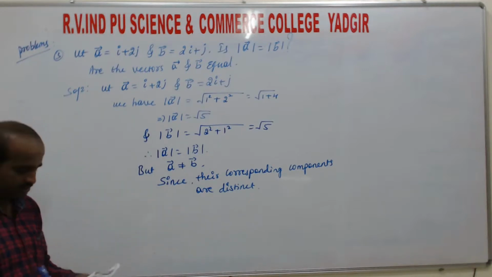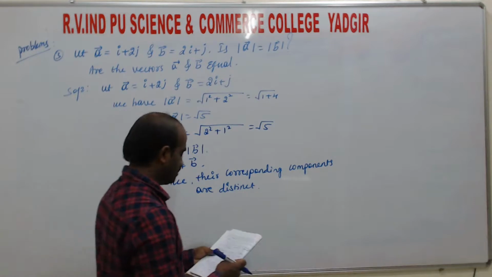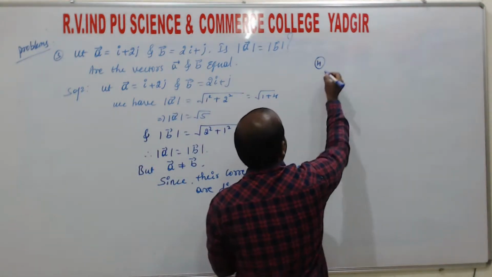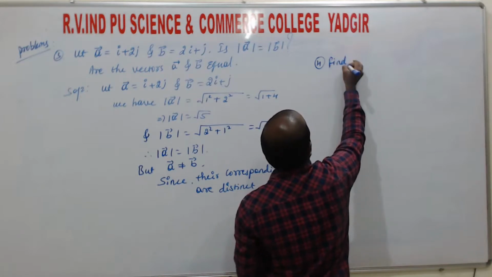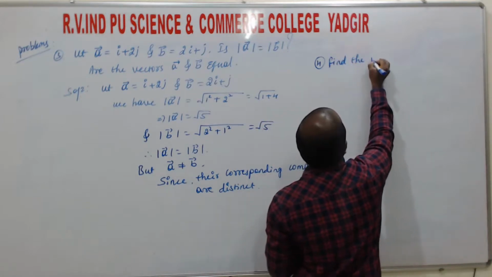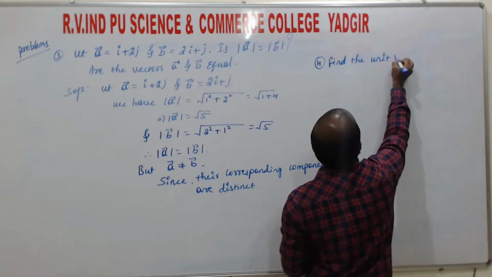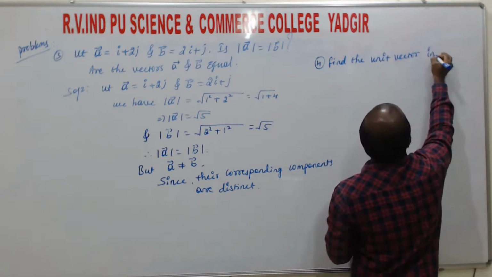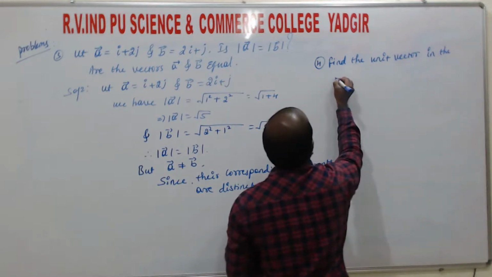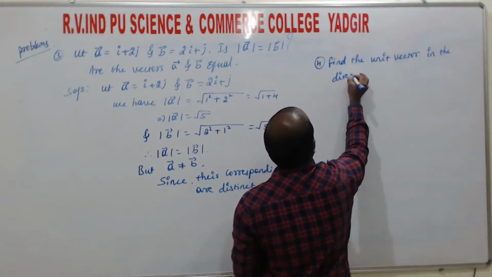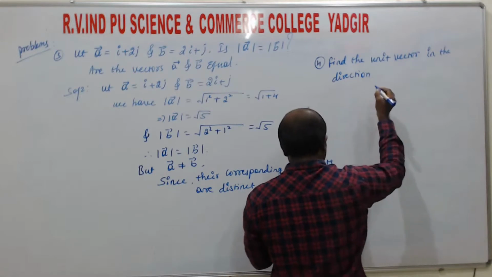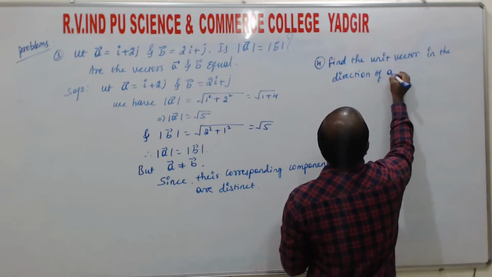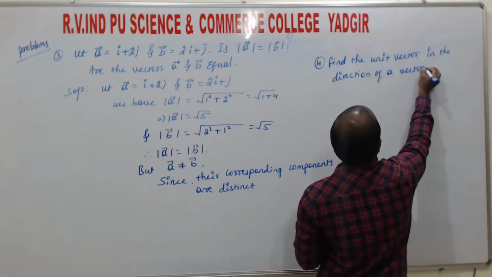Next question. Fourth one. Find the unit vector in the direction of a vector.